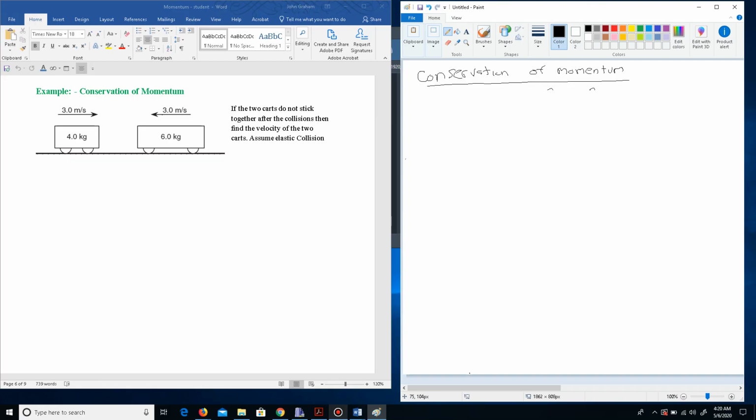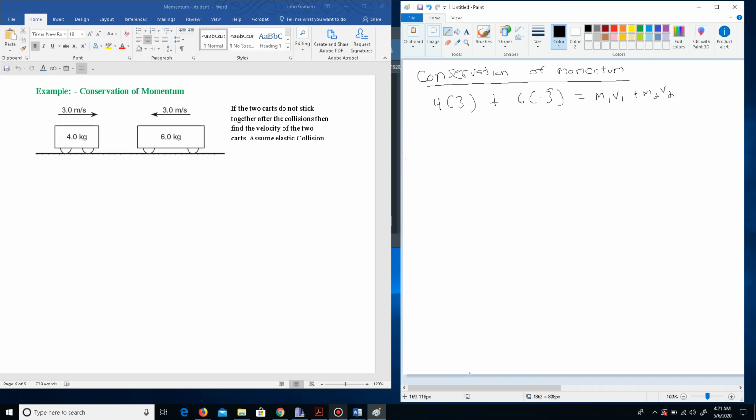That's the momentum. 4 kilograms times 3 plus 6 times -3 has to equal the momentum of the mass of 1 times velocity of 1 after, which we have the initial momentum, so I'm just going to leave off the after, just to not write so much, plus the momentum of 2 times velocity of 2 after.